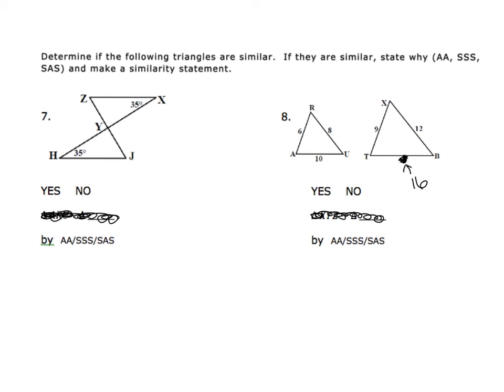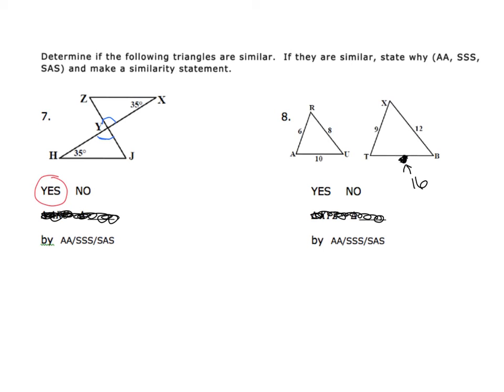Clearly we can see that we do have already one angle in both triangles marked as congruent, angle H and angle X. Can I find anything else? Hopefully you're saying yes, and that's these two angles here. I can mark those angles as congruent because of vertical angles. So, you have enough information to determine that these two triangles are in fact similar.